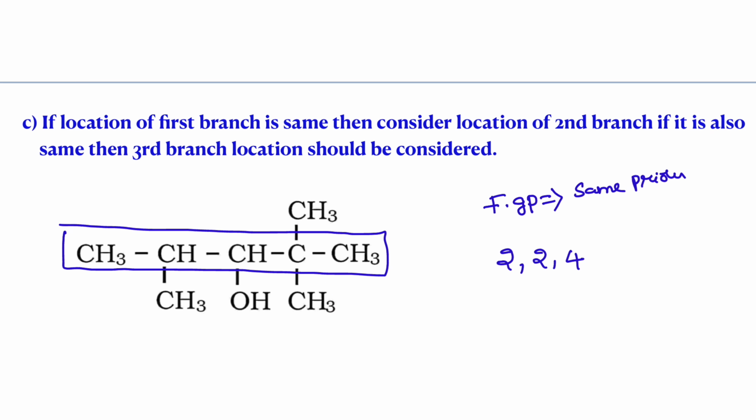If you give numbering from the left side, it would be 1, 2. So this is a second and this is fourth. That means you will be getting 2, 4, 4.